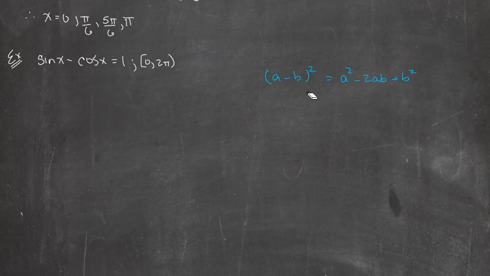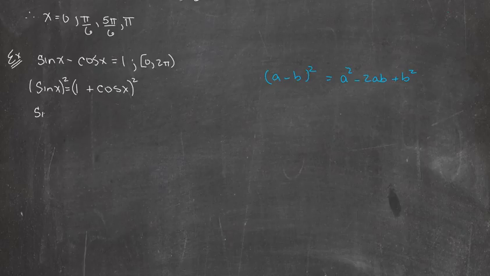I'm still going to use this, so I'm going to keep that, but I want to put my sine x on opposite sides of my cosine x. So I'm going to add cos x to both sides. Still want to do the same thing I was talking about before. I want to end up with squares because those help me, having trig identities I can work with, but I want to get my sines and my cosines on the opposite side.